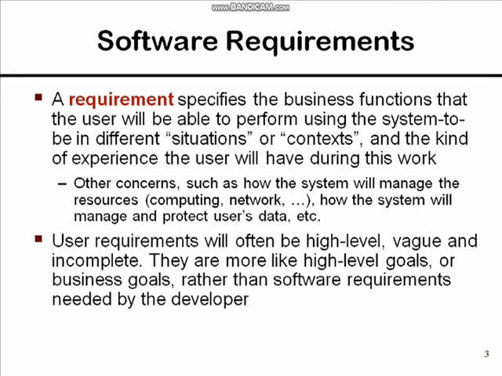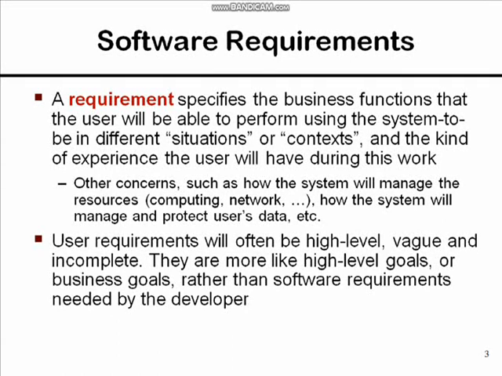Every software has different requirements. A requirement specifies the business functions the user will be able to perform using the system in different situations or contexts. Other concerns are how the system will manage resources, for example computing, networking, etc., and how the system will manage and protect user data.